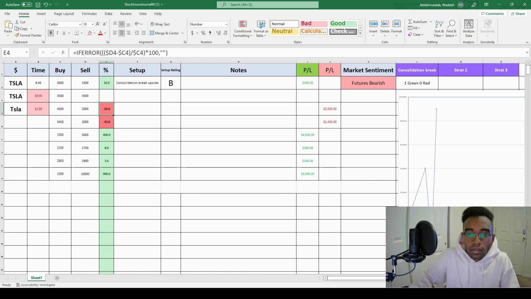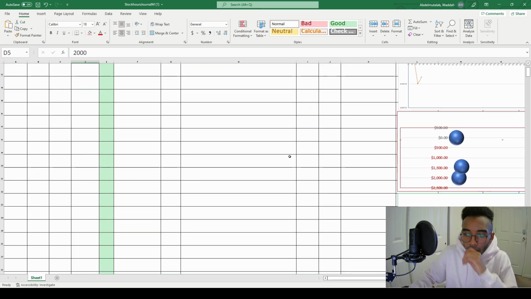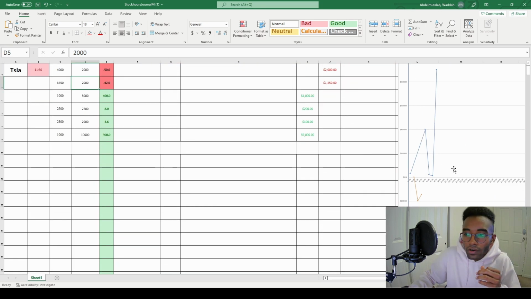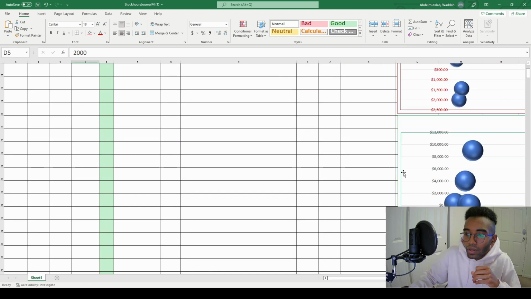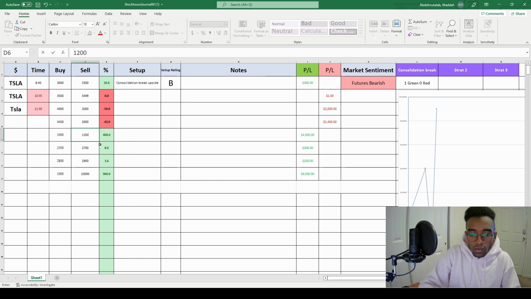That cell is deleted, so fix that. Oh, that's just a break-even trade. I didn't recognize. So anyways, what you'll visualize here on the graph is very important. Now let's pretend that those numbers actually made sense. So actually, let me fix that real quick.